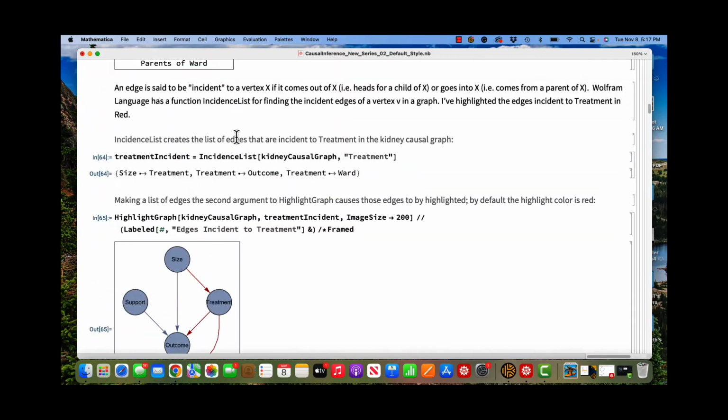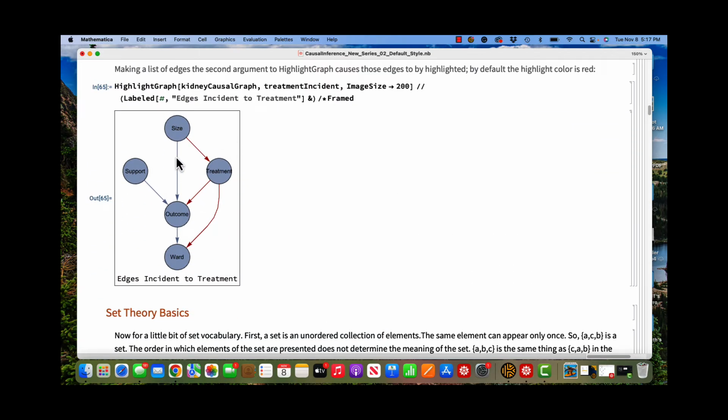So let's look at our picture here. Supposing we're trying to determine the effect of treatment on outcome. That seems to be what they were all fighting about in the hospital, whether treatment A was better or treatment B was better.